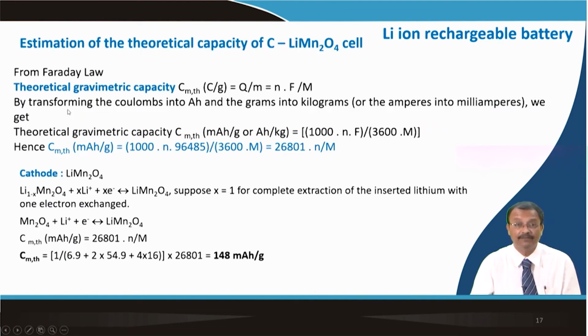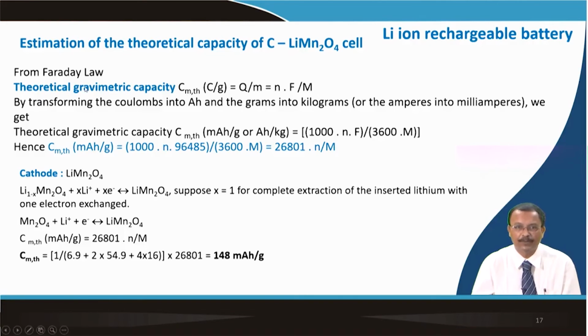So, I can apply the Faraday law. Theoretical gravimetric capacity, that is the total charge per mass, is N into F by molecular weight. So, we can transform coulomb into ampere hour, the way I introduced earlier, and grams into kilograms or amperes into milliamperes.